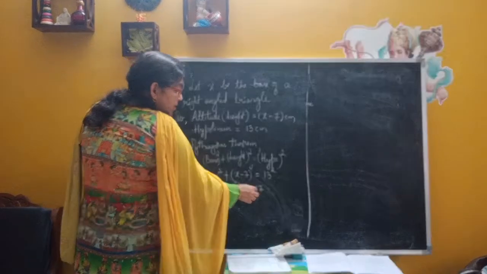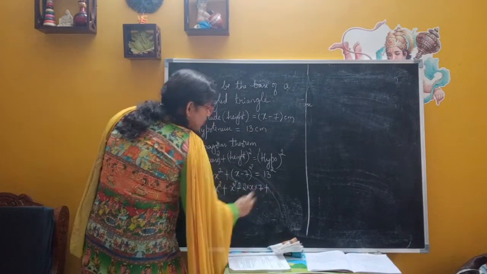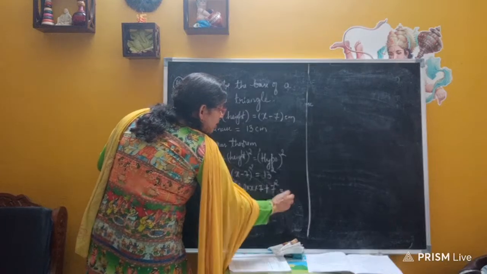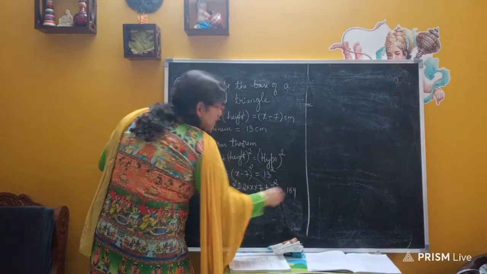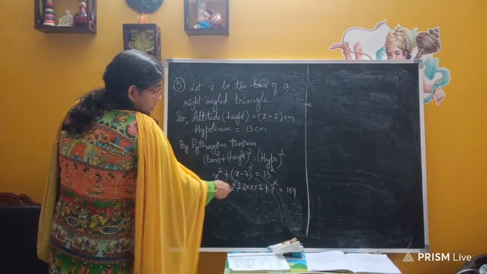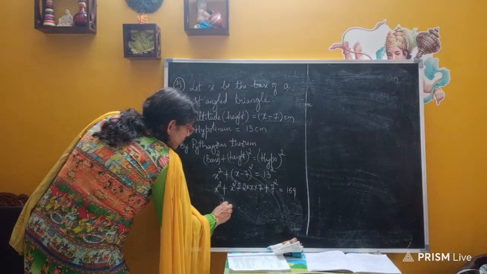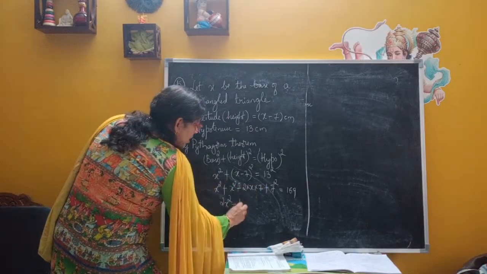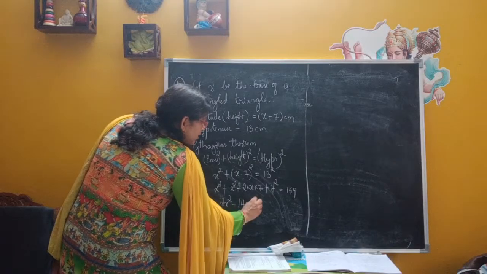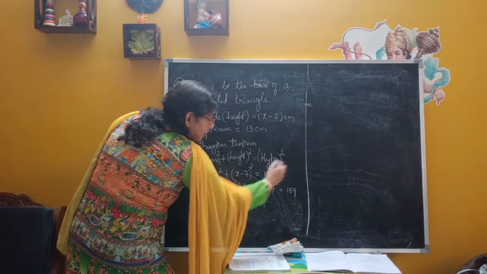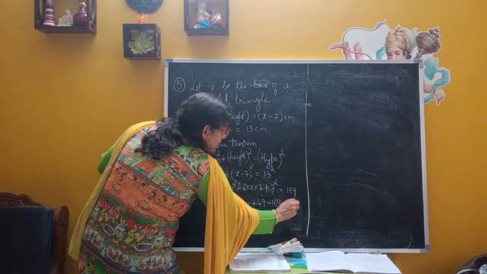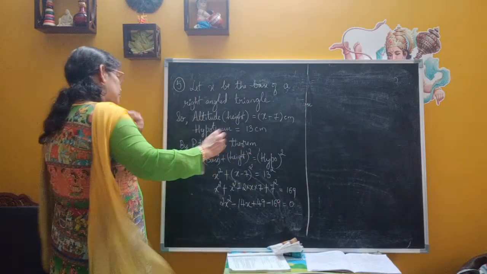So x square minus 2ab plus b square, 7 square, is equal to 13 square. 13 13s are 169. So x square plus x square, what do we get? 2x square. Minus 2 7s are 14x plus 49. And bring 169 to LHS, transpose it, minus 169 is equal to 0.